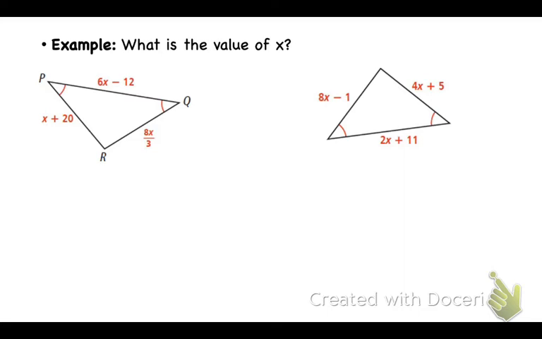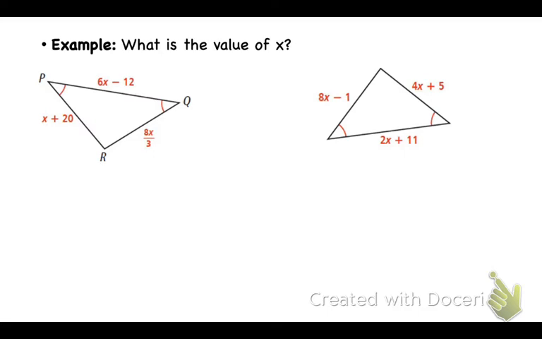I don't see two congruent sides. This picture does not tell me two congruent sides, does it? No, it tells me two congruent what? Angles. But do we know if two angles are congruent, then the opposite sides are what?